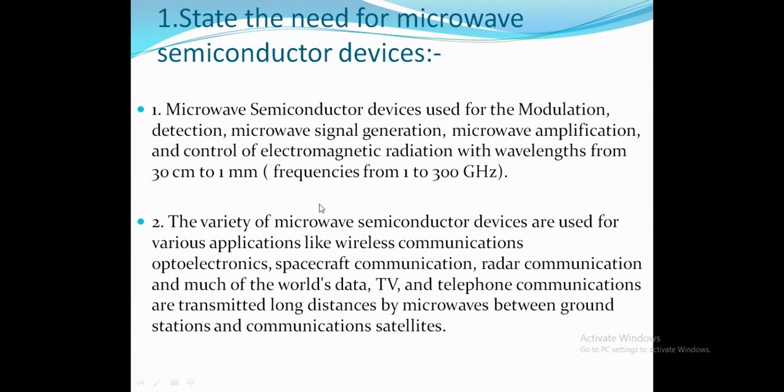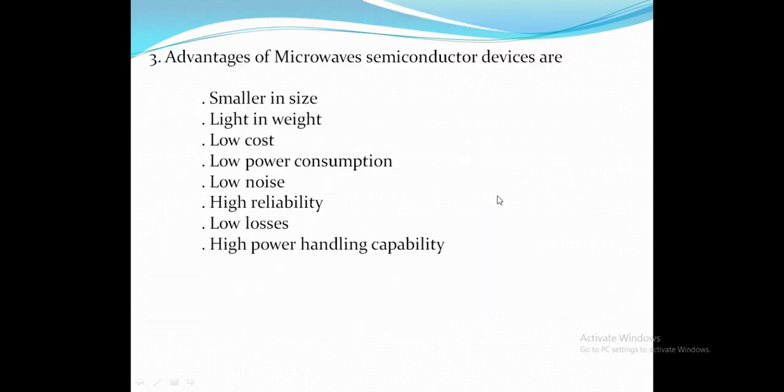Because of these large number of applications, microwave semiconductor devices are mainly used in wireless communication, optoelectronics, spacecraft communication, radar communication, and TV and telephone communications.